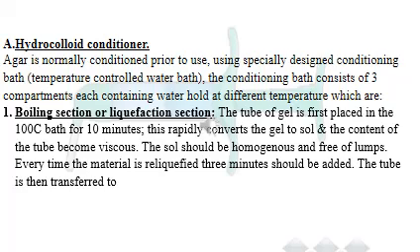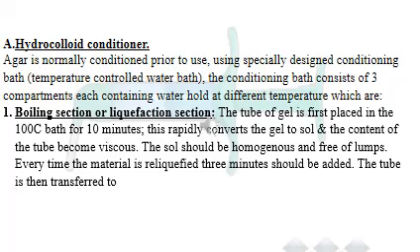The conditioning bath consists of 3 compartments, each containing water held at a different temperature. First, the boiling or liquefaction section. The tube of gel is first placed in the 100 degrees centigrade bath for 10 minutes. This rapidly converts the gel to sol. The content of the tube becomes viscous. The sol should be homogeneous and free of lumps.